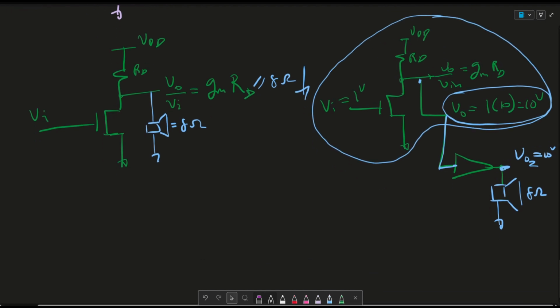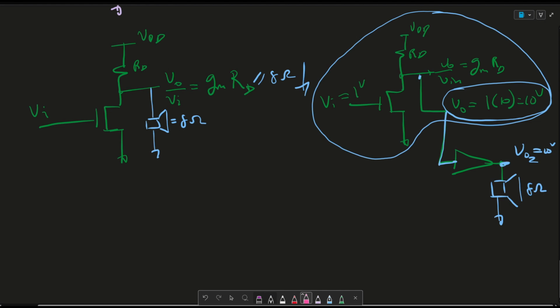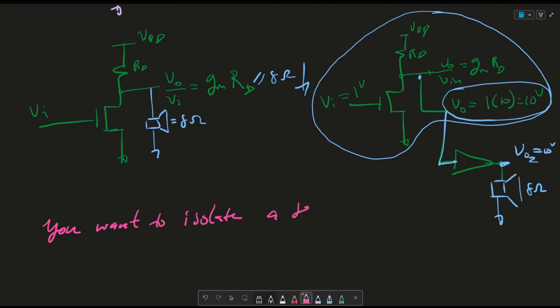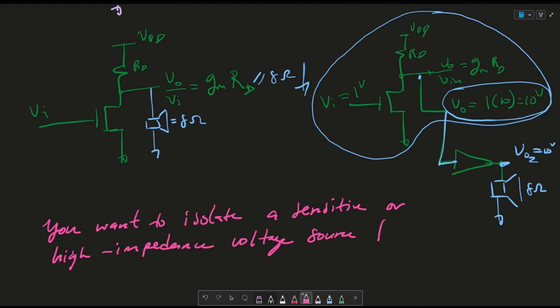So if you want to explain this in words, you could say when you want to isolate a sensitive or high impedance voltage source from a load that would otherwise affect it.